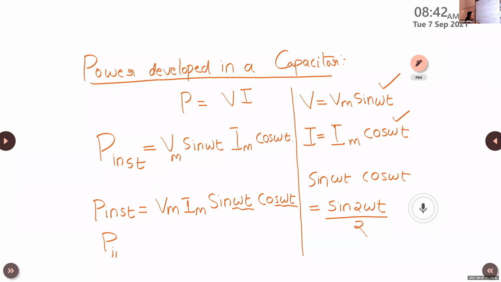So the instantaneous value of power becomes P instantaneous is equal to Vm Im sin omega t cos omega t, which is Vm Im sin 2 omega t divided by 2.